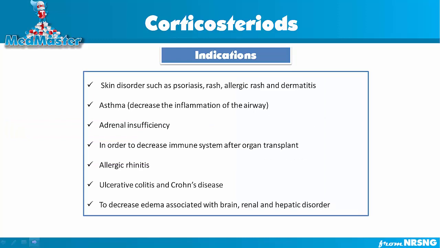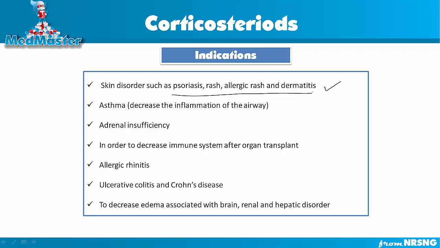Now the first one, let's take a look. Skin disorders such as psoriasis, rash, allergic reaction, and dermatitis. We know one of the functions of glucocorticoid is to decrease inflammation and immune response. Psoriasis, allergic rash, and dermatitis are basically kinds of inflammation, and this medication will help to decrease this inflammation.